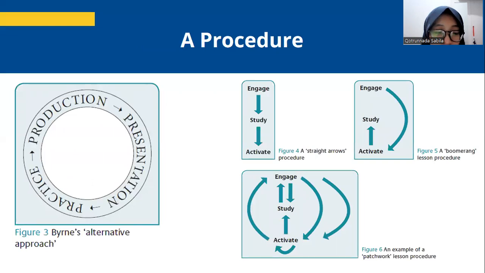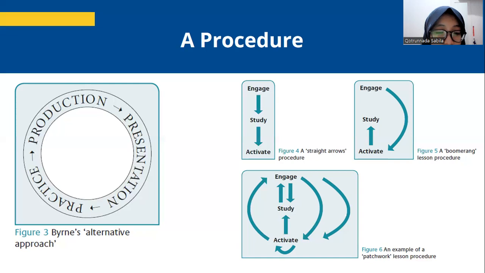And then a procedure. About the procedures that the teacher can conduct in language learning. On the left side is a PPP procedure by Bryant. It is highly teacher-centered and seems to assume that students learn in straight lines, that is, starting from no knowledge, through highly restricted sentence-based utterance, and then going on to immediate production.